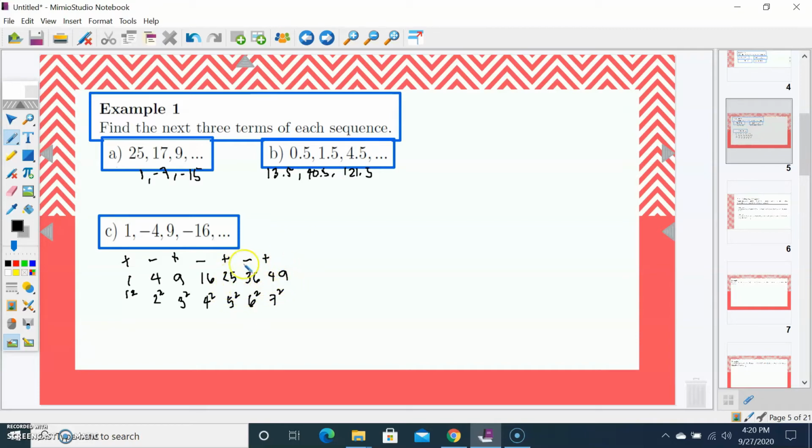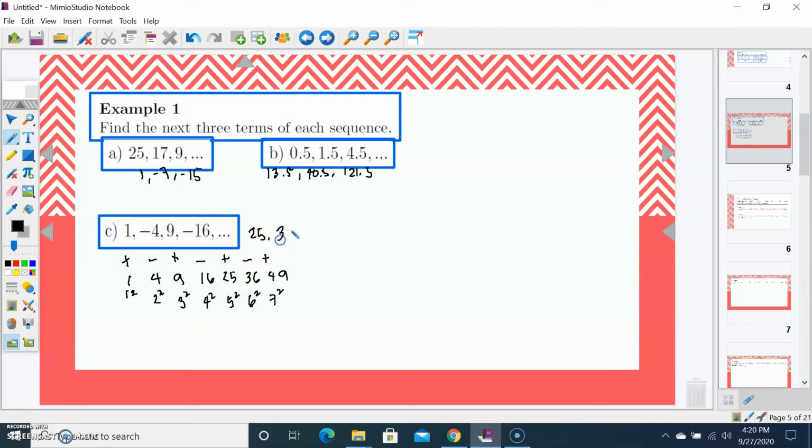But these are not yet the terms of the sequence, because we must also follow the other rule, which is the alternating sign. Combining these two, 25 must be positive. So the next term after -16 is 25.